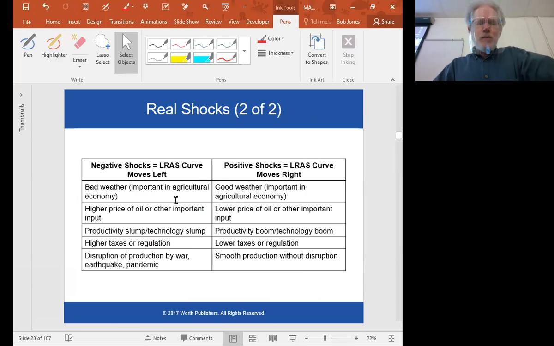And this just summarizes negative shocks versus positive shocks. You want to understand each one of those, but the most important thing is when you're dealing with questions, dealing with this material, draw a graph. I can't tell you how many people I see who insist on doing this kind of thing in their head.